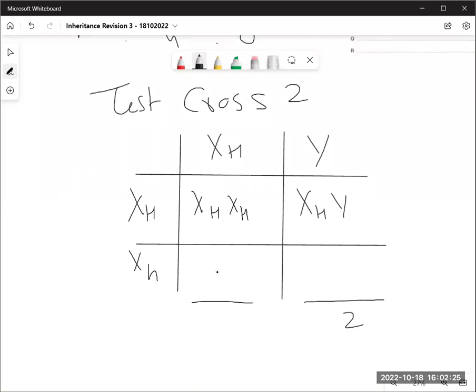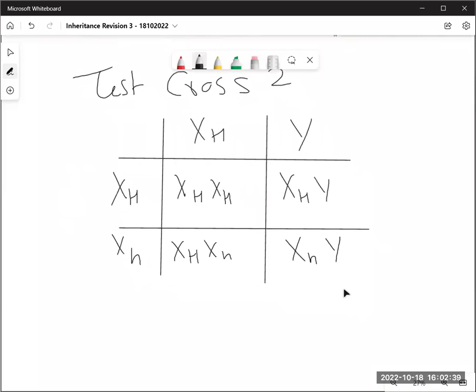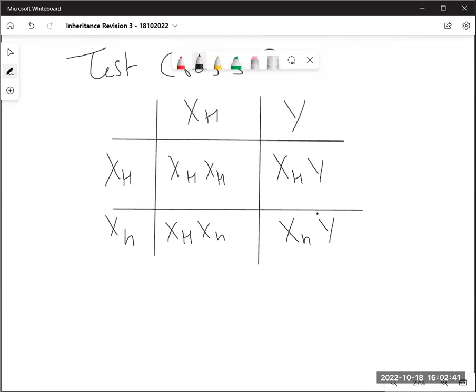X capital H and X small h. Then X small h and a Y. Now why do we just have one? There's no type of these.